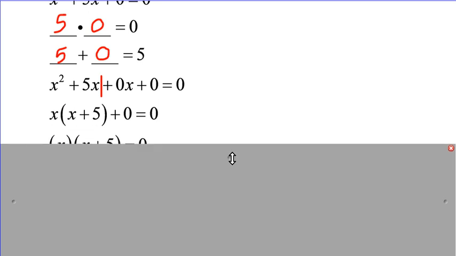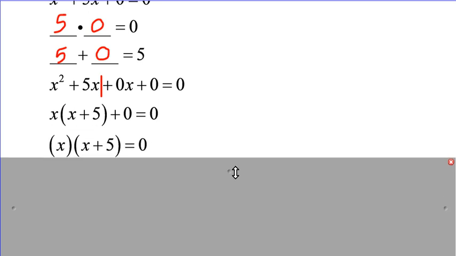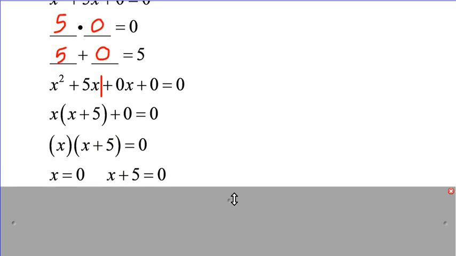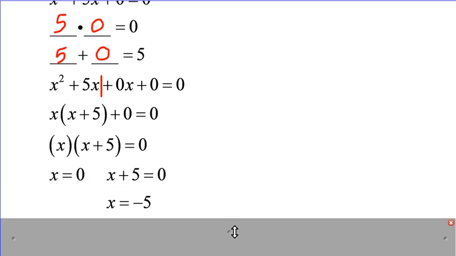So we're really working with x times x plus 5 equals 0. We have our multiplication problem here, so we have our two factors of x, and x plus 5 equals 0. Now we just need to set each factor equal to 0 and solve. Well, x equals 0, that's solved for. If we have x plus 5 equals 0, we just need to subtract 5, and we have x equals -5.